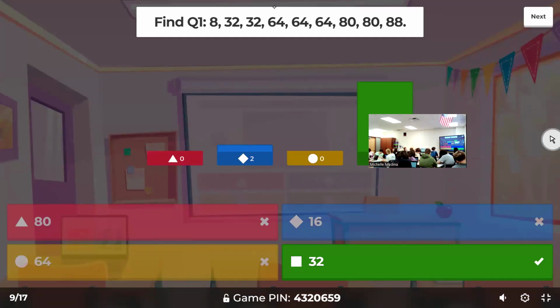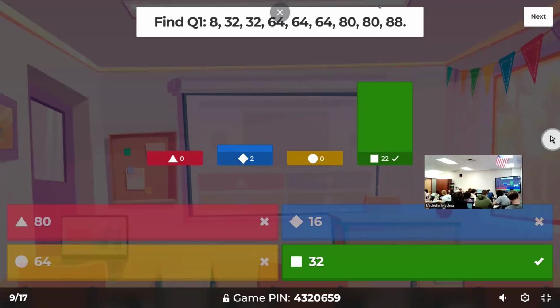Okay, so almost all got it right again. That's good. In order to find quartile 1, you need to find what first? The median of the entire data set, which we found in the last question. It was 64. That was my median of the whole thing.